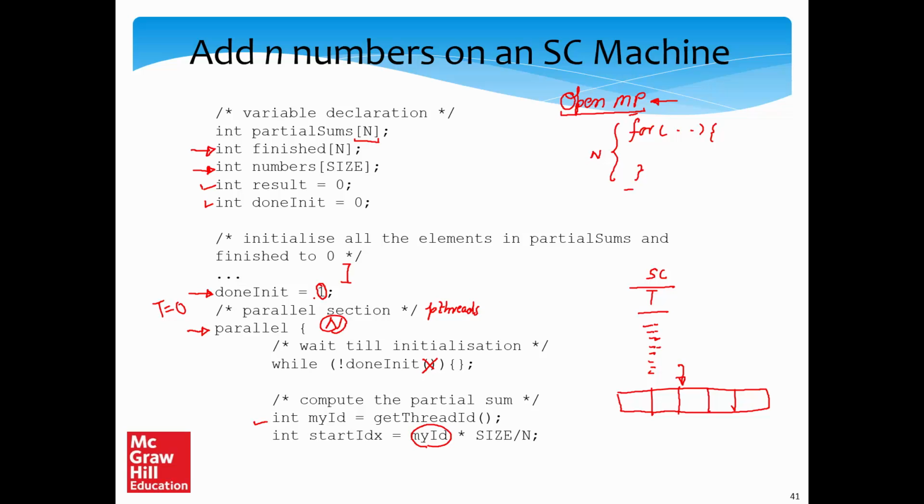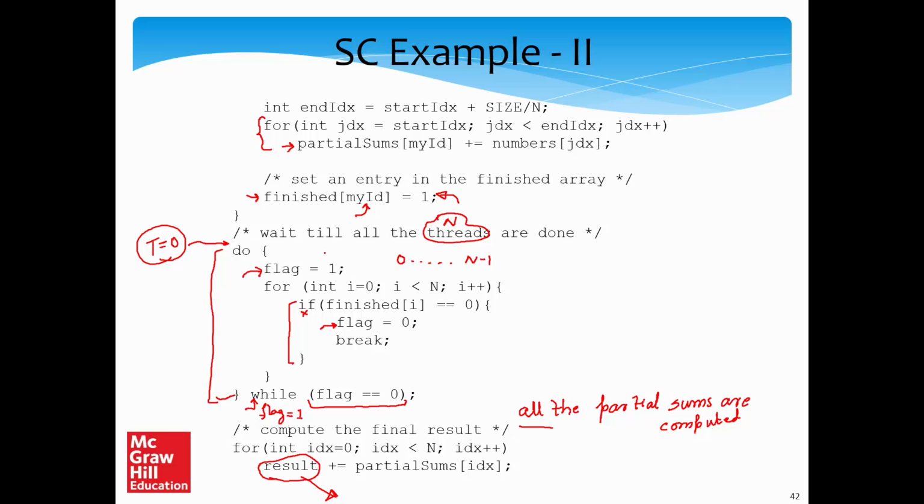So what we wanted is to be sure that all the initialization is done and then we start. And since the machine is sequentially consistent, if this instruction has executed, all the memory instructions before it would have completed. That's the main change. It's only at the beginning of the parallel for loop and the end of the parallel for loop. The rest remained exactly the same. And finally, we produce the result.